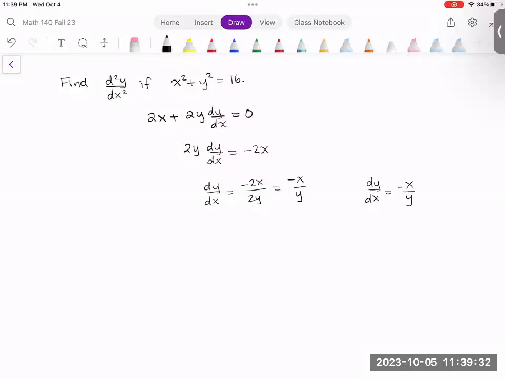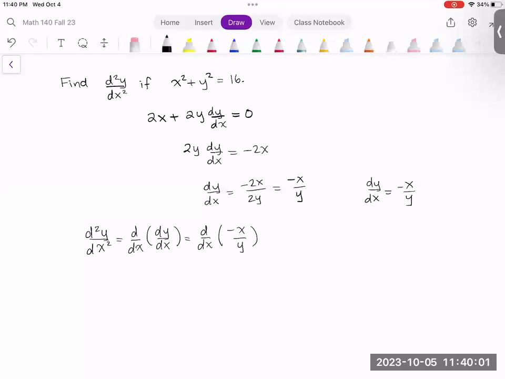Now, if we want to take a second derivative, the second derivative is just the derivative of this derivative. So this is d dx of dy dx. And so what we can do is differentiate this expression, negative x over y.